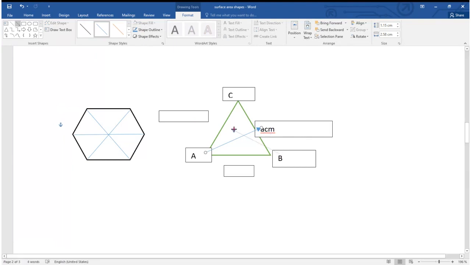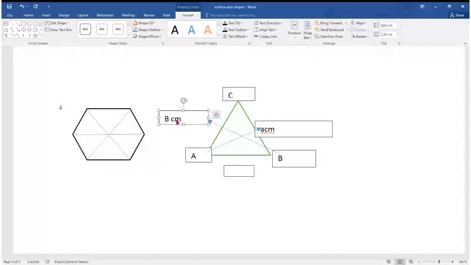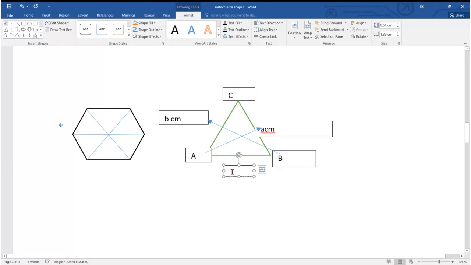So for us to name this, we're going to name this one in small letters. And then you see this one is b centimeters. Not capital B, I just want small b. Then C, obviously the opposite side, this one is c centimeters. It should not be capital, it should be small.